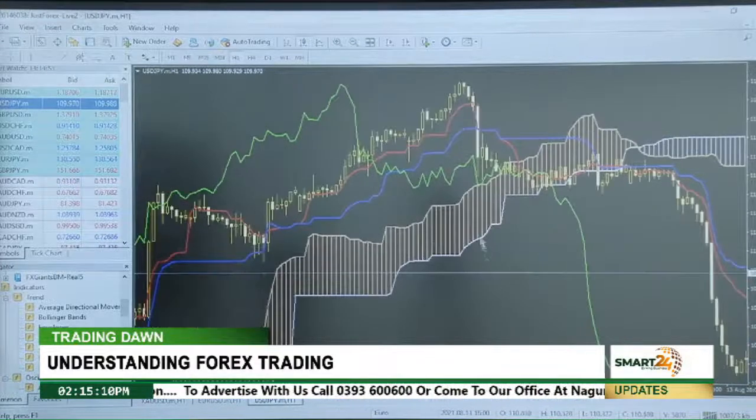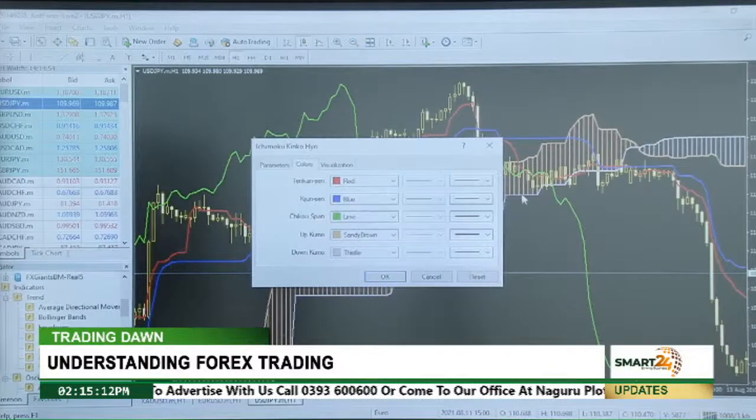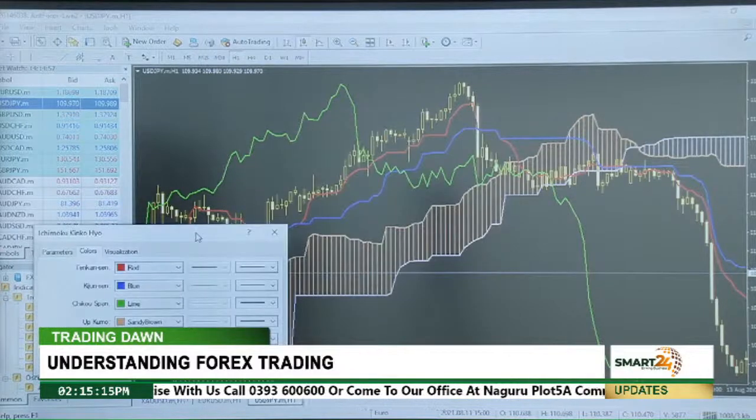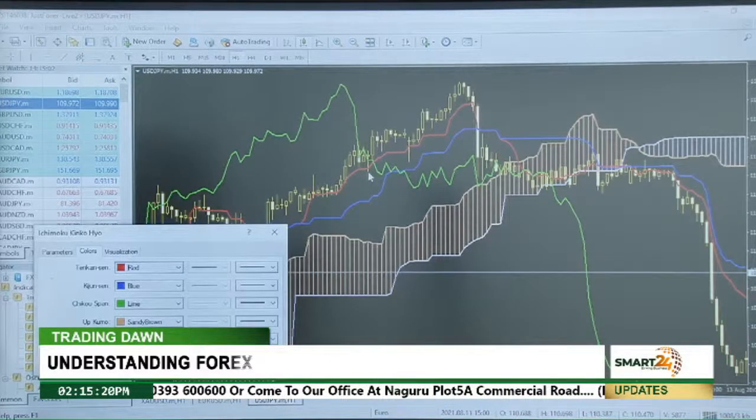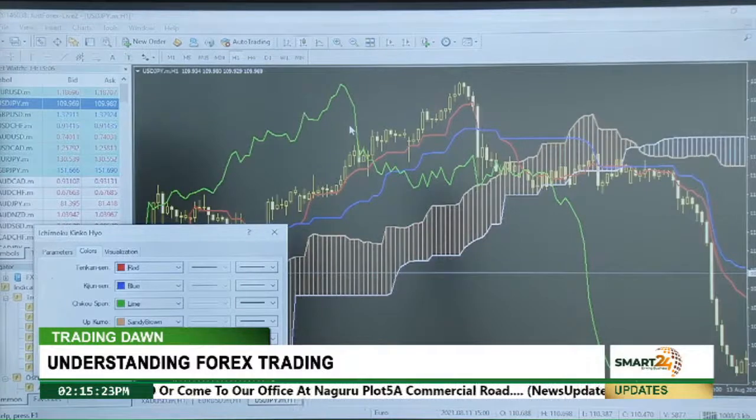Okay, so the first indicator that price is starting to reverse, even though it's still moving upwards from this point, is that the Chikou Span, this green line, goes below the price.